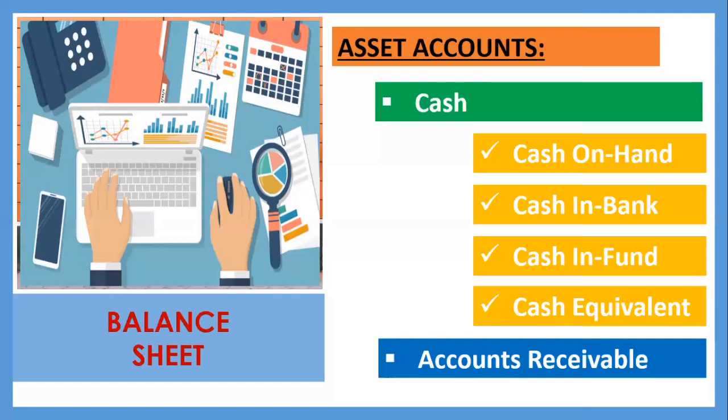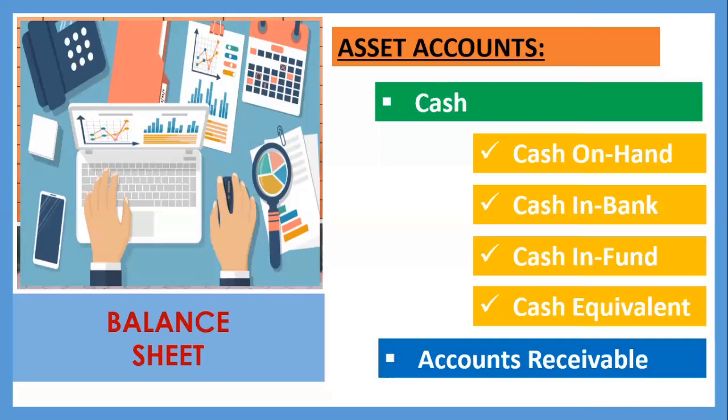Next, we have cash in bank. If we say cash in bank, it denotes the money of the company that is in the bank awaiting payments. Now, if some companies maintain several bank accounts, an additional description representing the name of the bank appears.